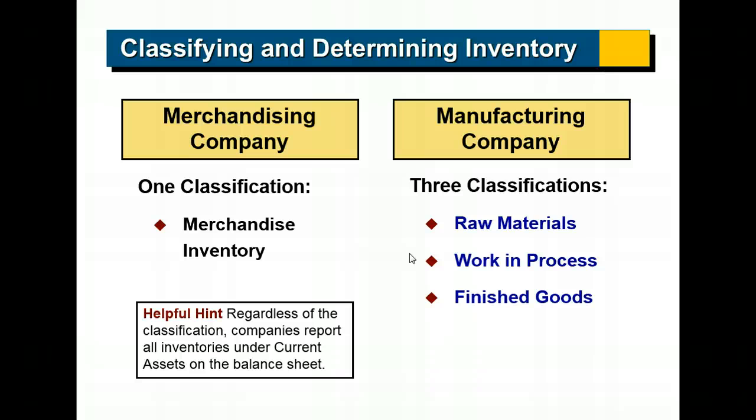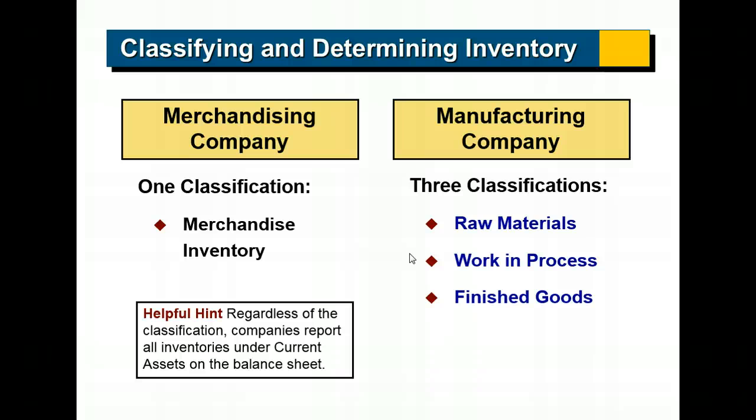A merchandiser only has one type of inventory on their books, called merchandise inventory. Pretty simple. They pay for goods, and when the goods are sold, we account for that under cost of goods sold. At the end of the period, so much is cost of goods sold, and another grouping is the inventory left on hand. So we're going to talk about what should be included and how we calculate cost of goods sold.